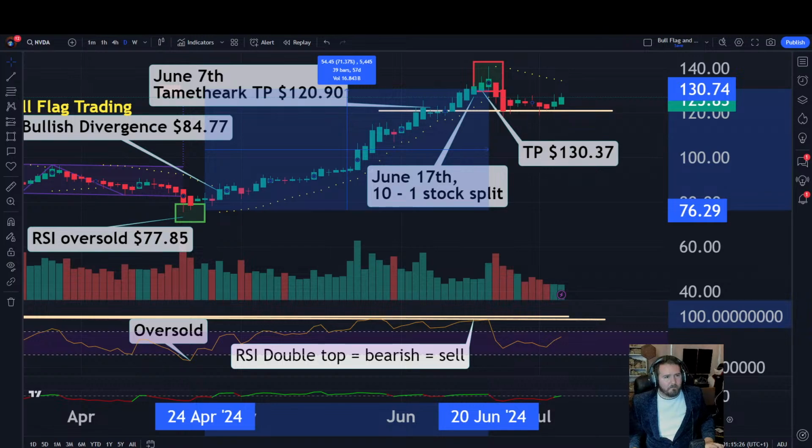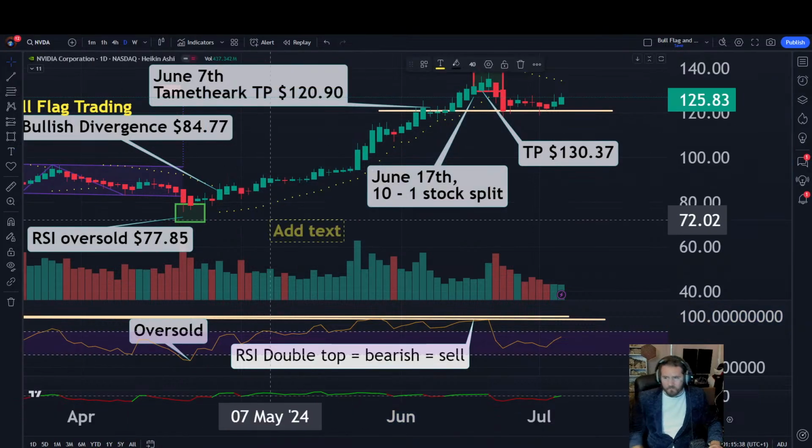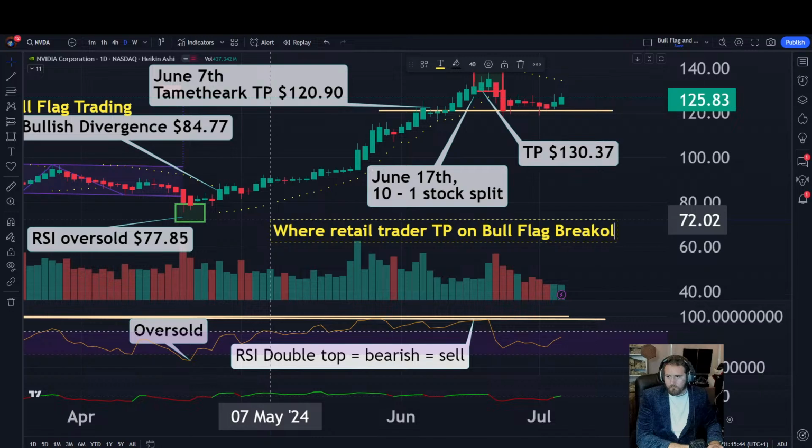And a lot of that money went into GameStop. Oh, I need to add down here: retail trader take profit on bull flag breakout plus news and our size overbought.